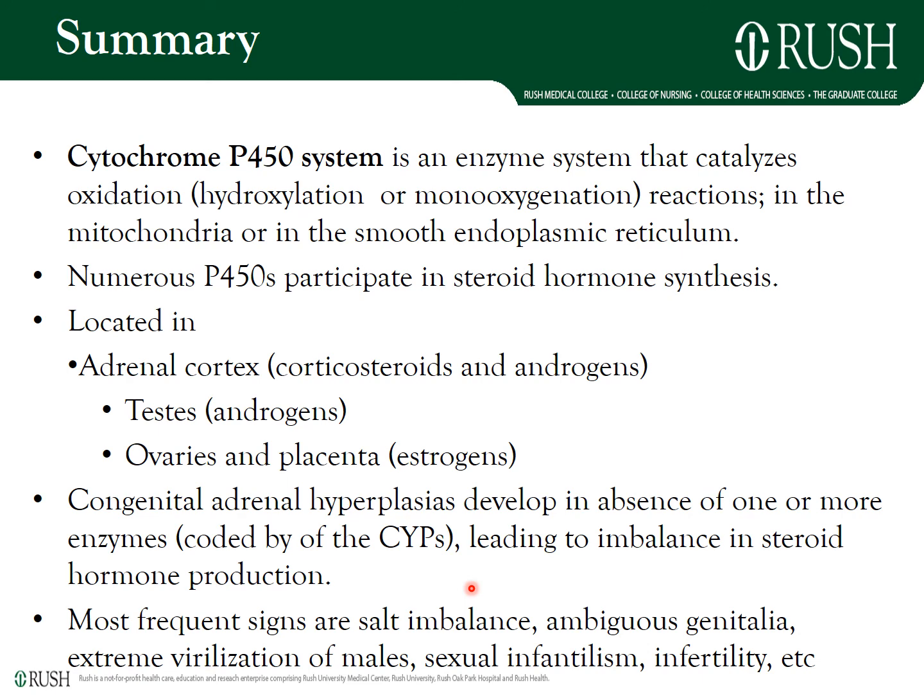Please remember the 4 examples we saw as hallmarks of this disease: the salt imbalance, the ambiguous genitalia, and in some cases, extreme virilization of the males, or in other cases, sexual infantilism, which means not developing normal sexual organs, or sexual organs that do develop, but the result is infertility.